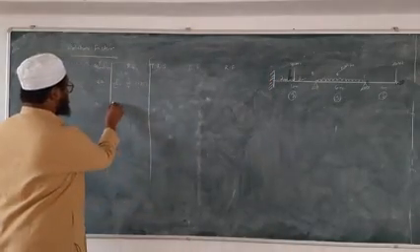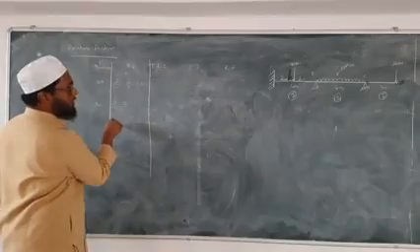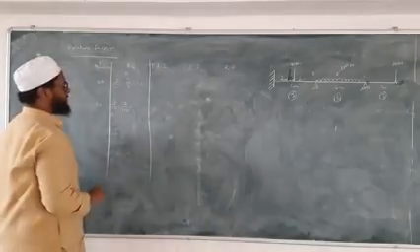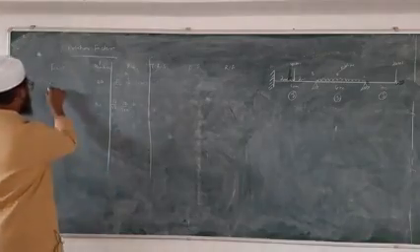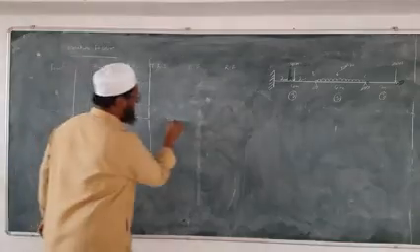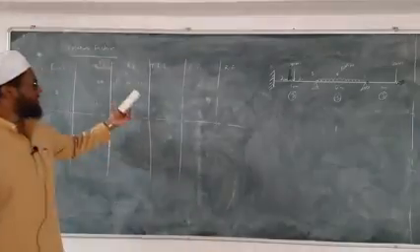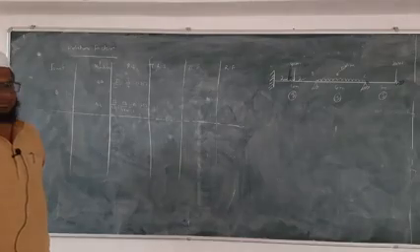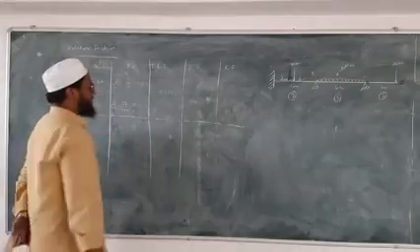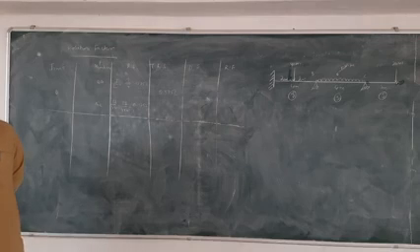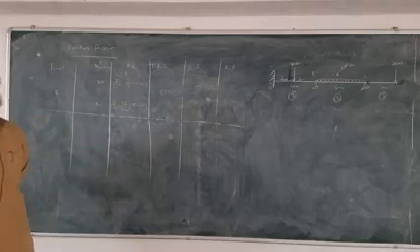So here it will be 3 into I by 4 into 6, 0.125 I. So total relative stiffness will be 0.375. Am I right or wrong? Please tell me. 0.375, right? Now distribution factor will be 0.25 divided by 0.375.